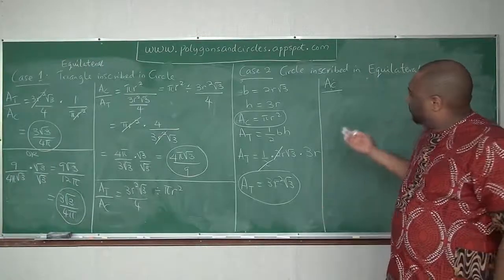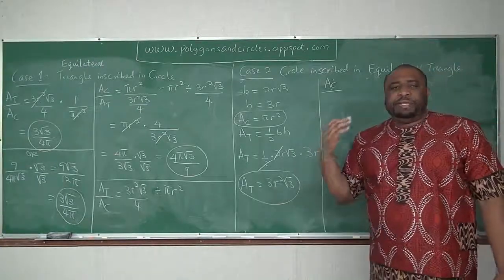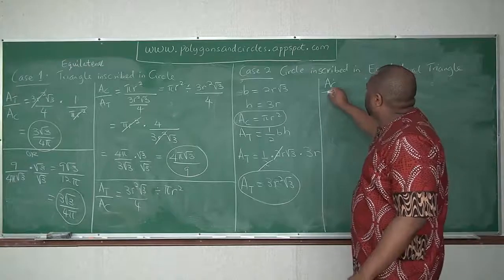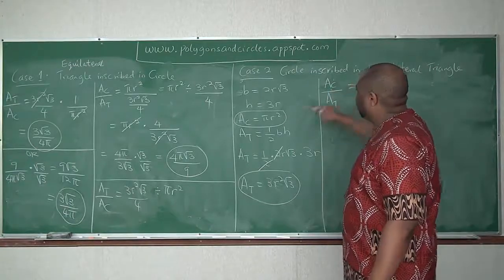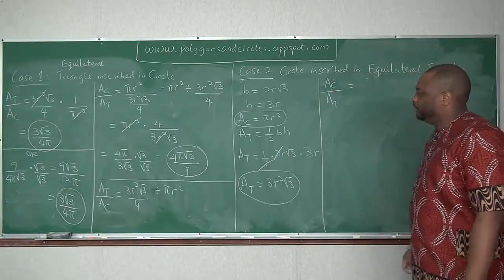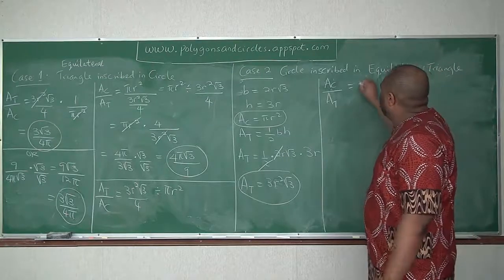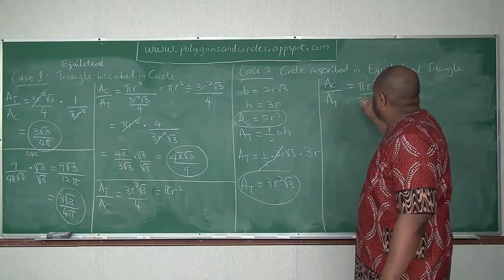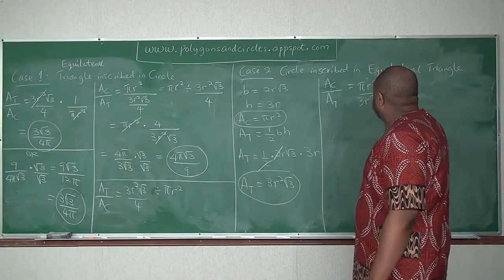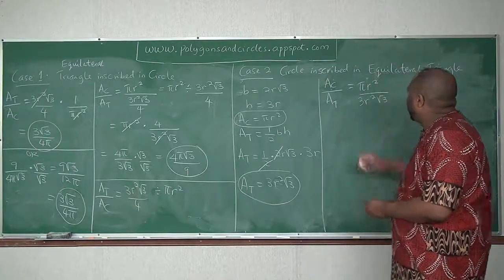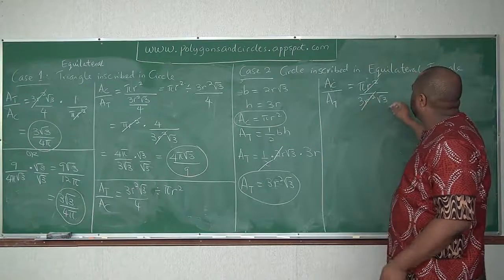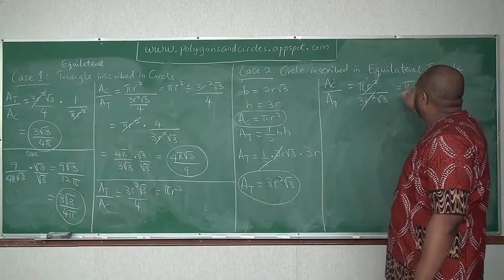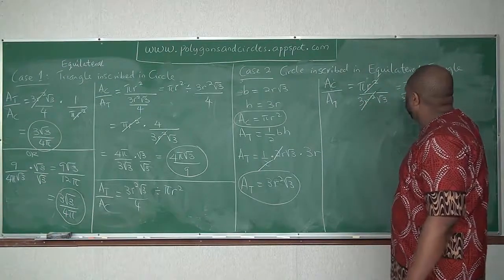So if they ask us to find the ratio of the area of the circle to the area of the equilateral triangle, this will give us pi r squared all over 3r squared root 3. And r squared crosses out. So we have pi over 3 root 3.